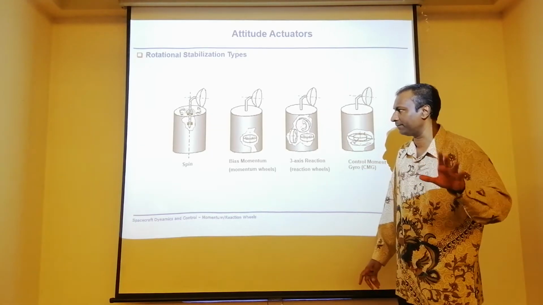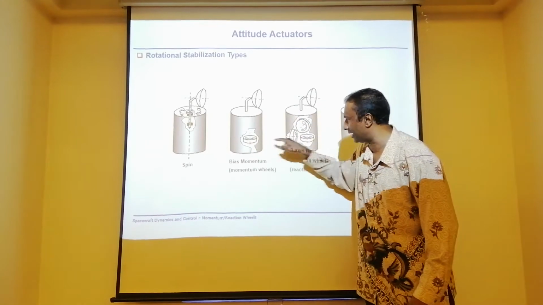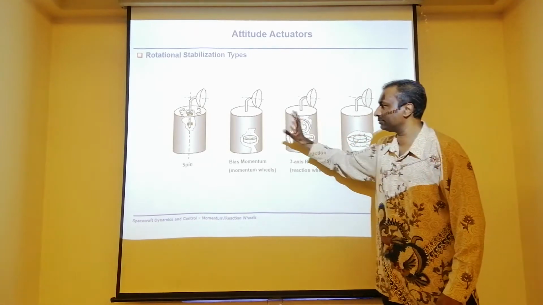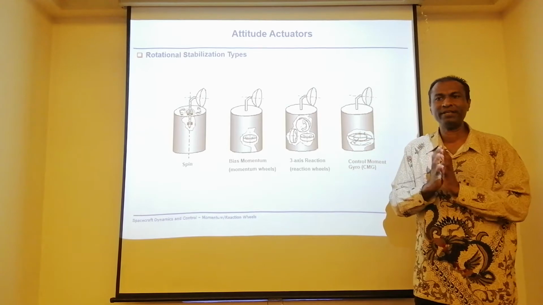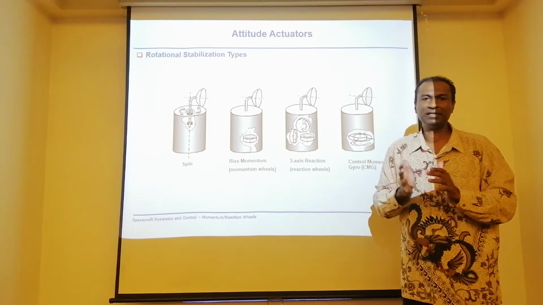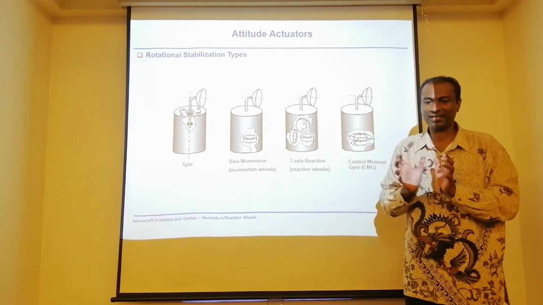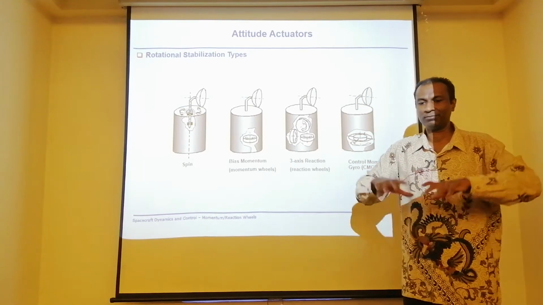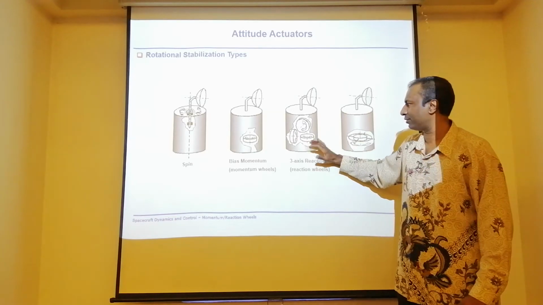Now that's one thing. Second thing, please do understand, when you have already put the wheel inside the rigid body, the outside volume can be different. That is the reason the satellites in the 1960s and 1970s were mostly cylindrical. But now most of the satellites are more often cubical.